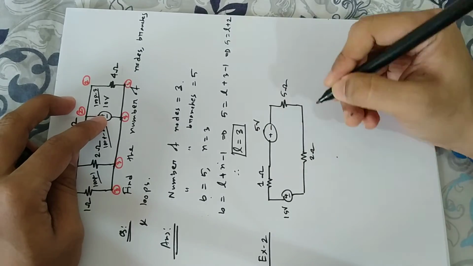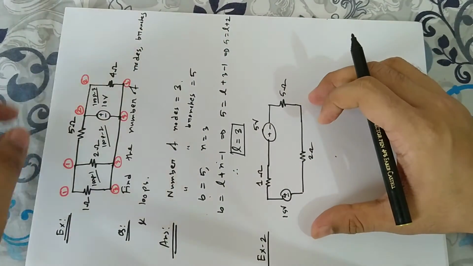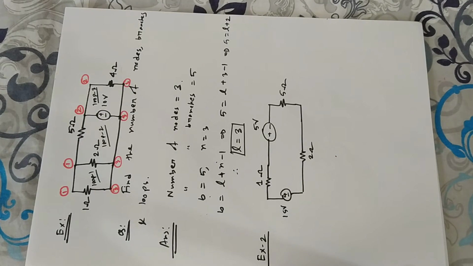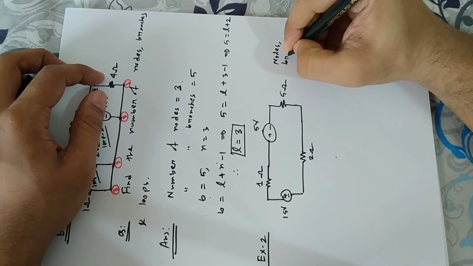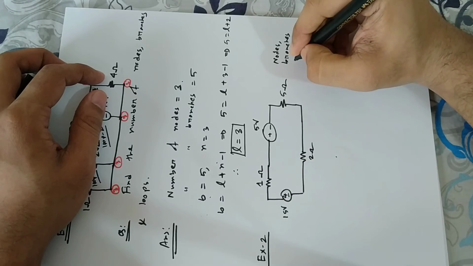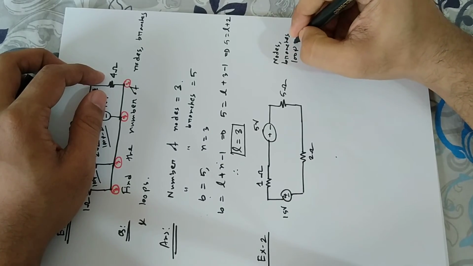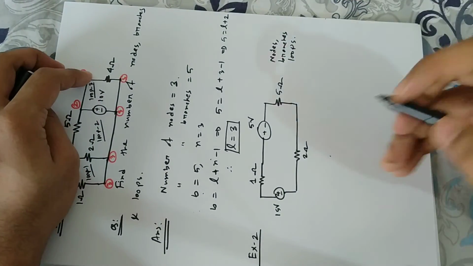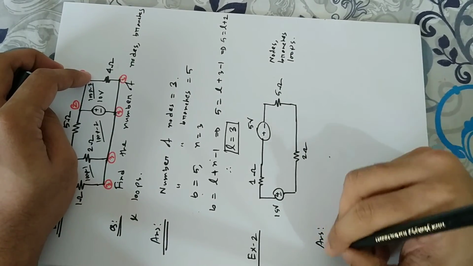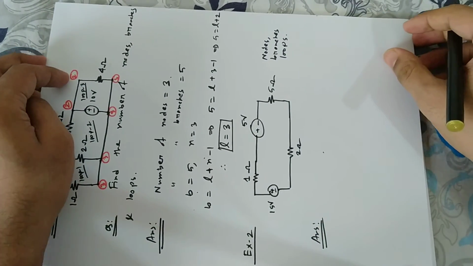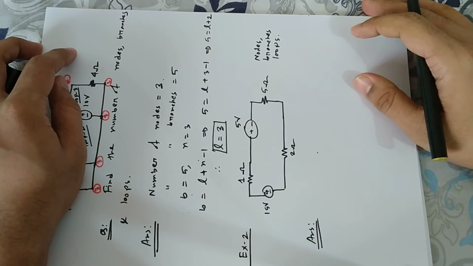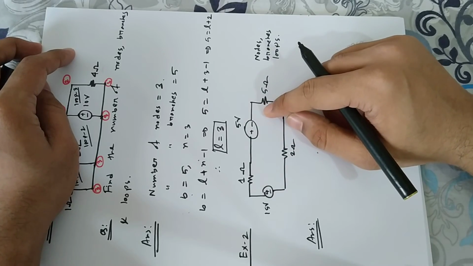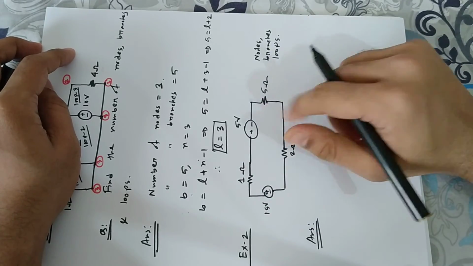Suppose you are given this circuit and you are asked to identify the number of nodes, branches and loops. Okay, so you can pause the video and do the example by yourself. See, let us firstly identify the number of nodes in this circuit.